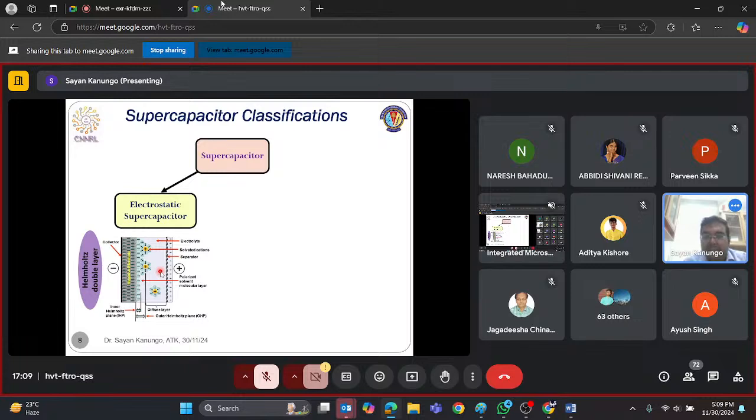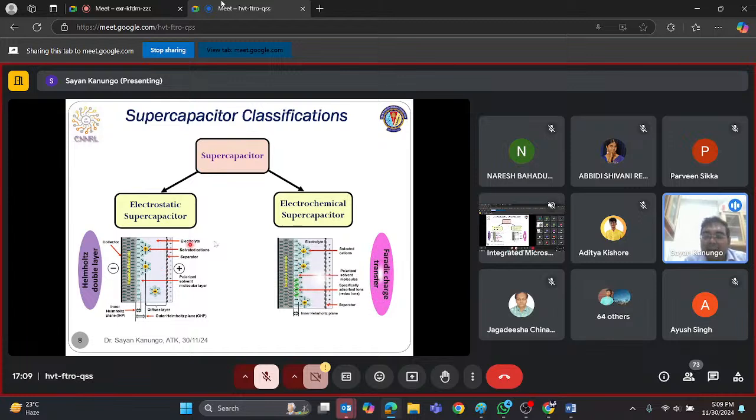In contrast, in an electrochemical supercapacitor, the charge storage is based on the principle of Faradaic charge transfer, and in a hybrid supercapacitor, both the double layer formation and Faradaic charge transfer take place simultaneously to enhance the overall capacity of the supercapacitor.